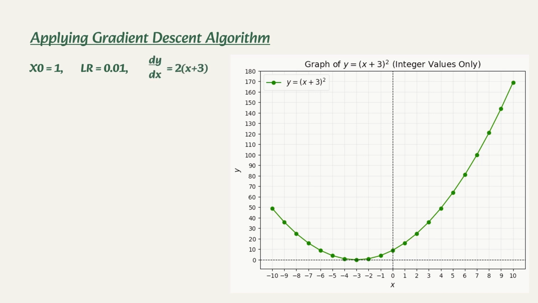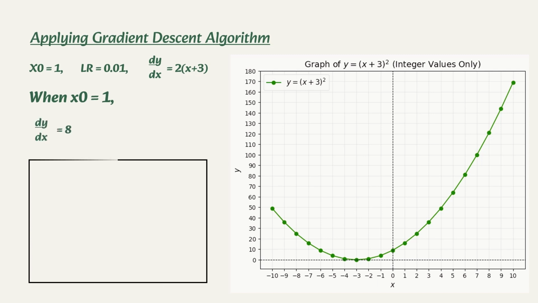This is the gradient value as we calculated earlier. When x0 equals 1, the gradient value becomes 8. Let's take the first iteration.